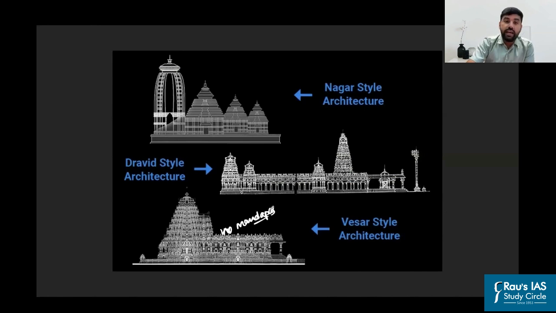So UPSC can ask a question on the evolution of temple art in India, guys. It is very important. They can ask it any day, anyhow. You should know how temple art evolved in India. It started from Nagara, that is north, in the Gupta period. In south, it started from Pallava, that is Dravida style.